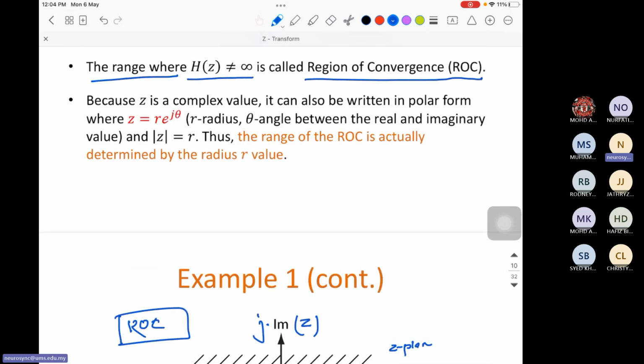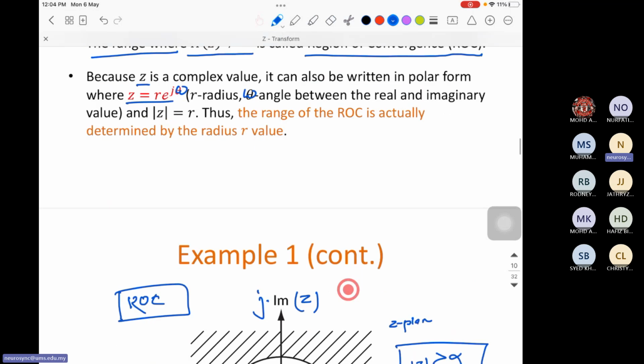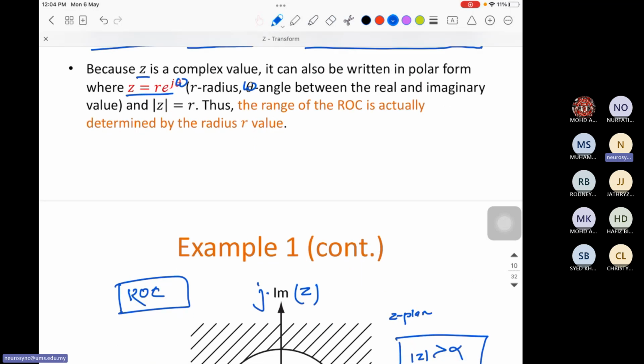Now, we know that z is a complex value with polar form r e to the power j omega, where omega is the angle. Theta or omega, you can use anything. The range of the region of convergence is actually determined by the radius r value.